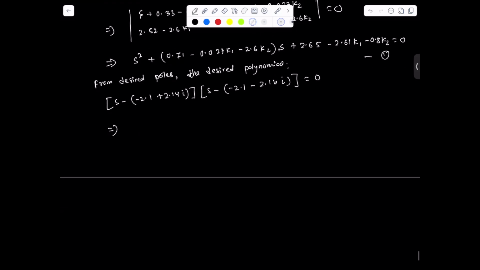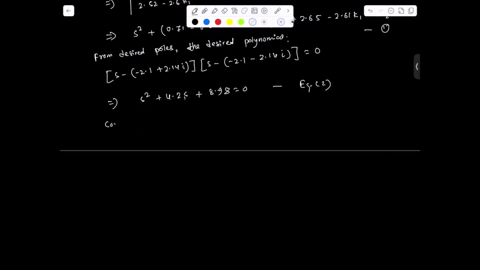Finally, we have s squared plus 4.2s plus 8.98 equal to 0. Let us define this as equation 2.